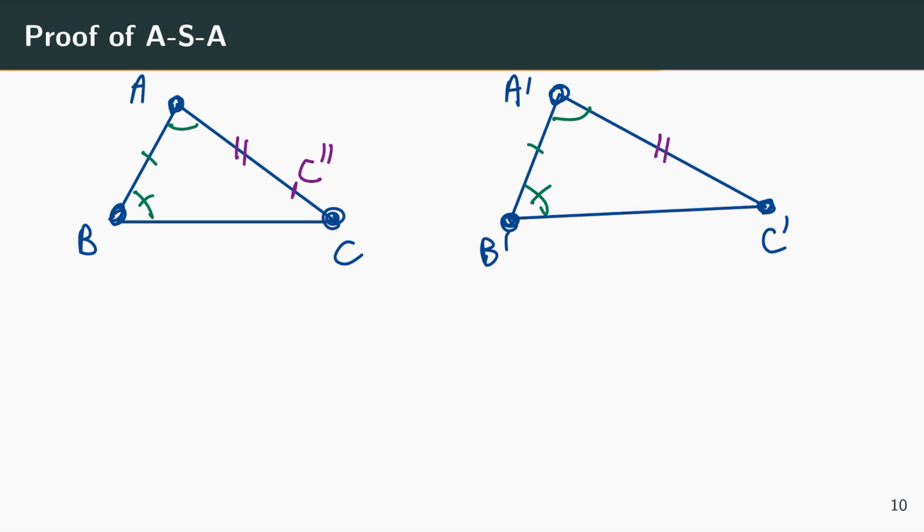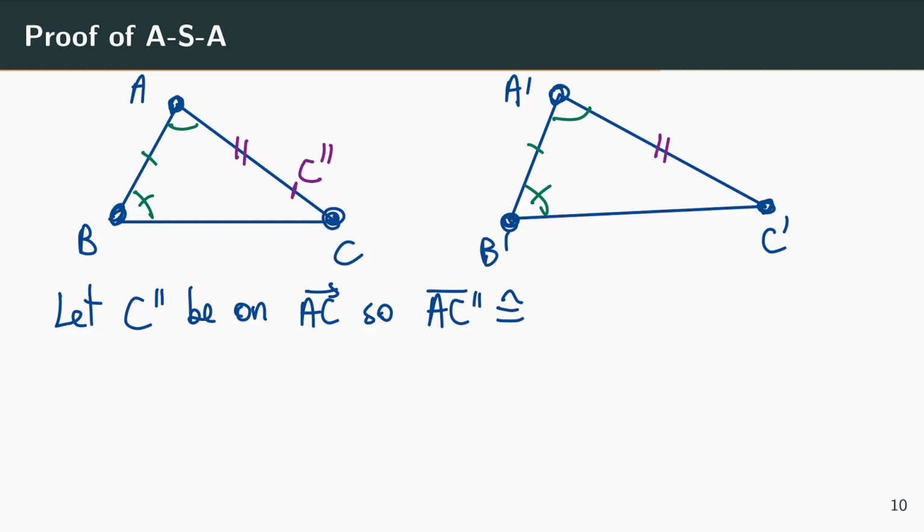So that's the first step of our construction. So let C double prime be on the ray AC, so AC double prime is congruent to A prime C prime.